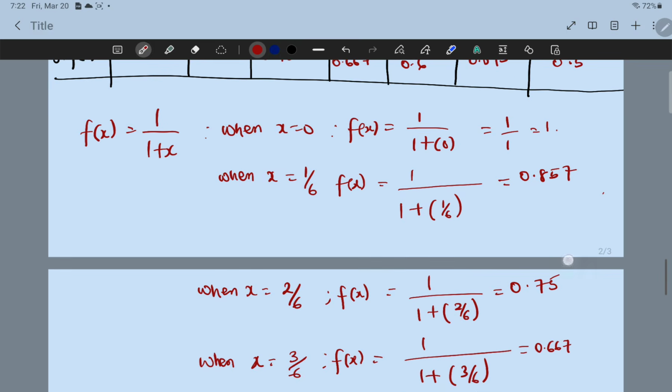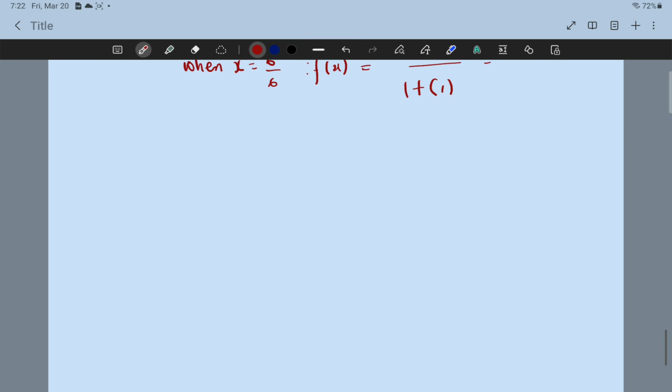Now step 3 is to use the trapezoidal rule. Is that okay?